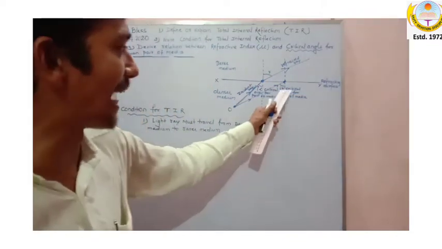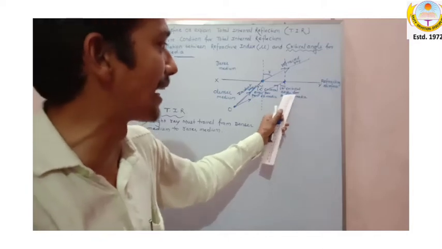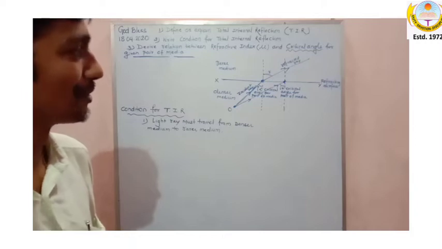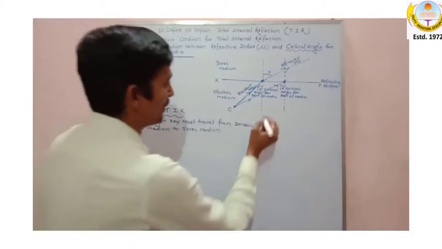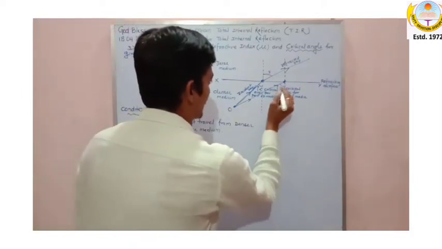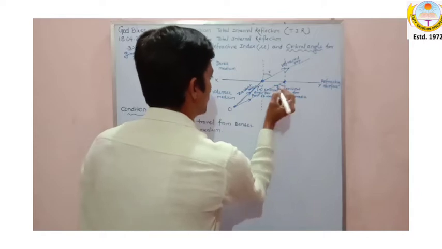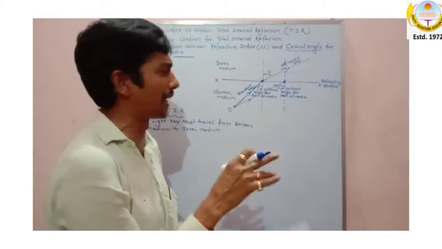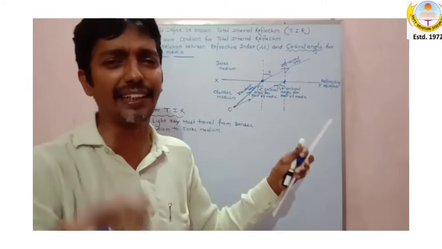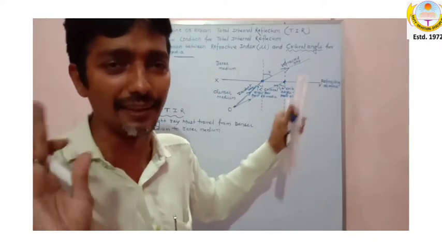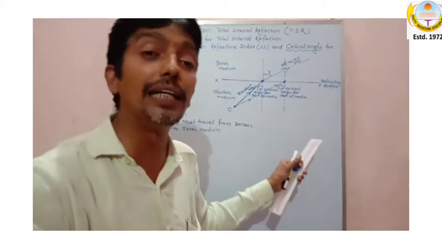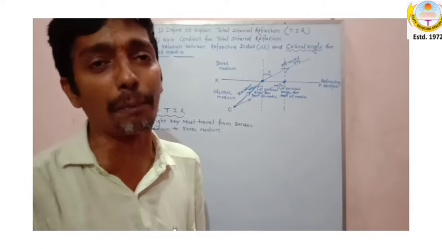Since this is the second ray, let me write this incident angle as I1. This time the incident angle is equal to the critical angle, whatever the certain critical angle for the pair of media is.